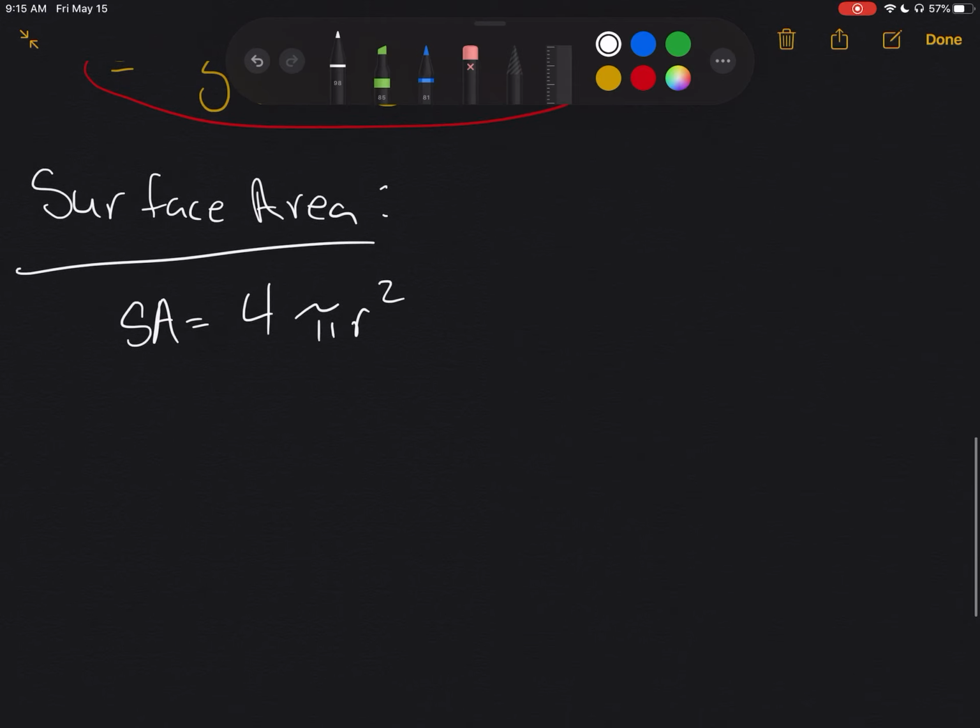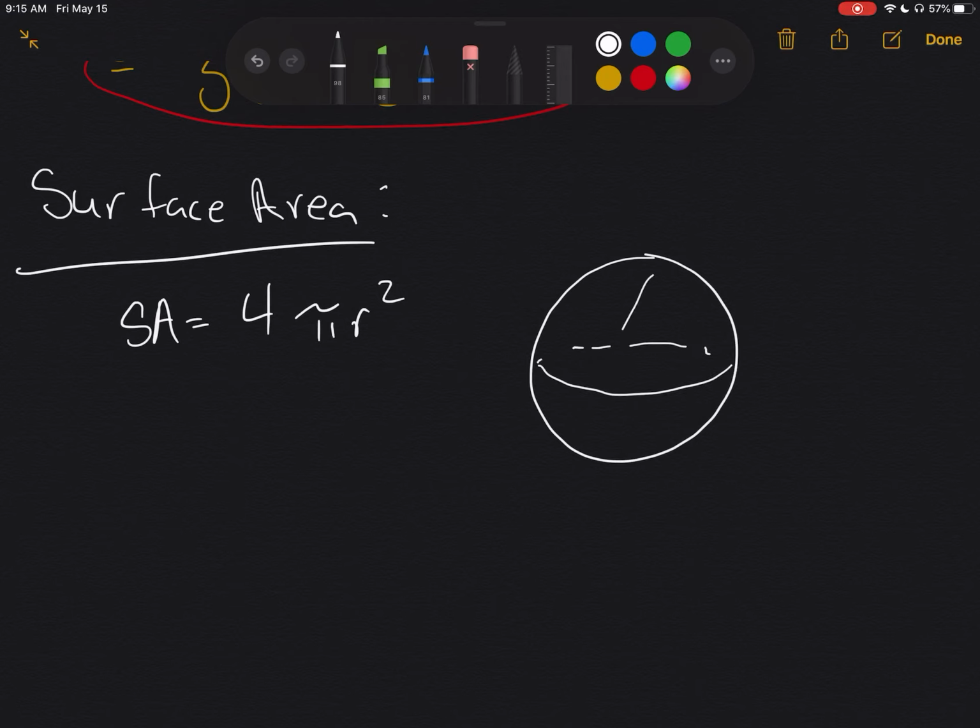Okay, and so we've discussed that the surface area is what allows us to paint the outside of the sphere, right?